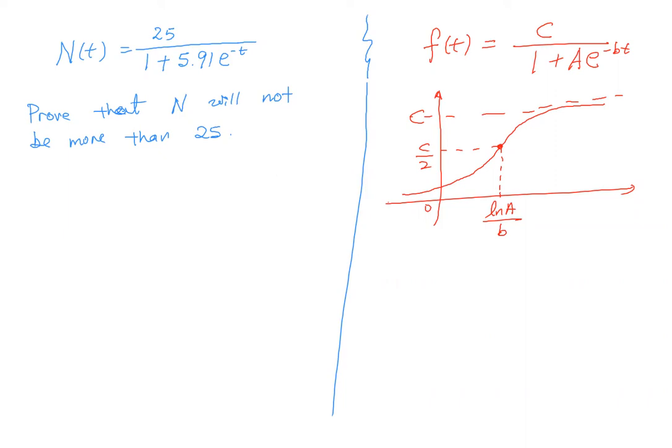If I ask you to prove that n will not be more than 25, or I use another word, will not go beyond 25. As t approaches infinity, yeah, you are right. As t approaches infinity, so what is the next term that I must write?